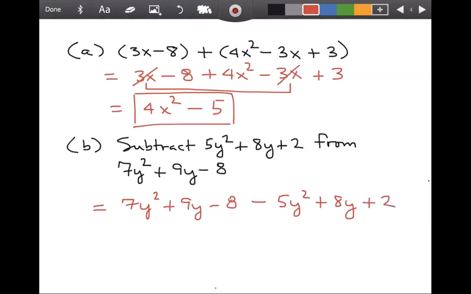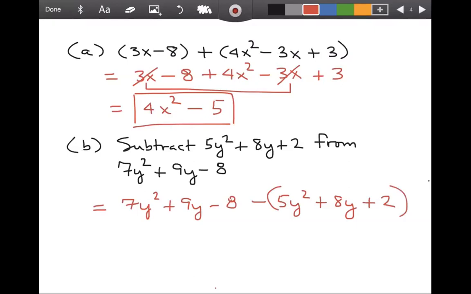Well, if we're subtracting 5y squared plus 8y plus 2, we need to put that expression in parentheses, because if I leave it written like this, we are not subtracting 5y squared plus 8y plus 2. We're just subtracting 5y squared and then adding 8y and 2. So that's a different problem.